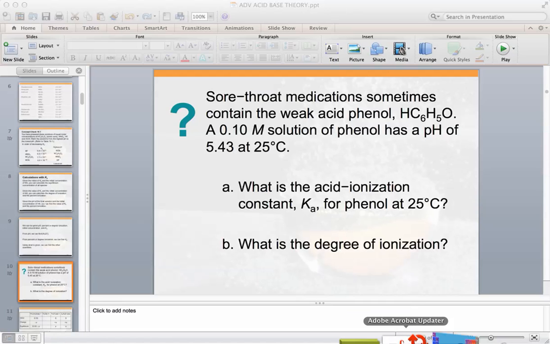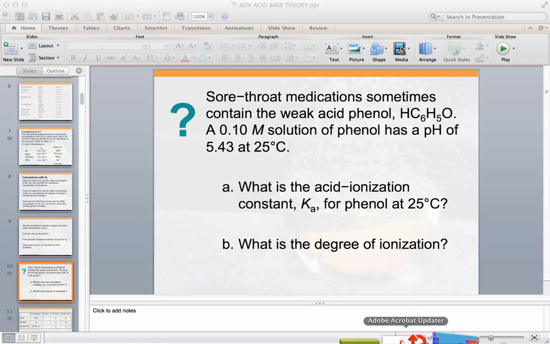Rather than taking you through theory, I thought I would just do a quick problem or two illustrating how we use what we've mastered in equilibrium and apply it to an acid-base system. So on PowerPoint slide number 10 in your advanced acid-base notes, and these are already posted on Pause, we are confronted with the following problem.